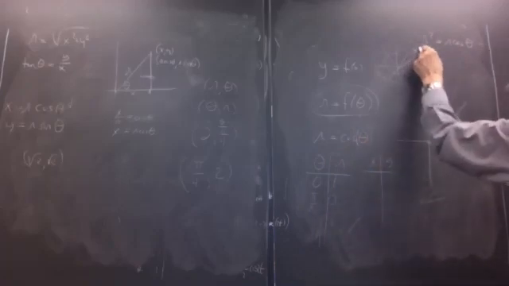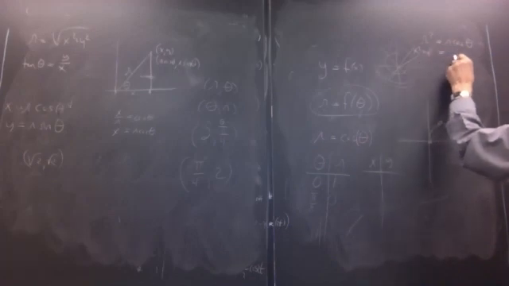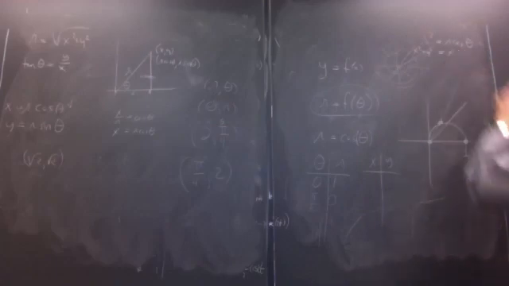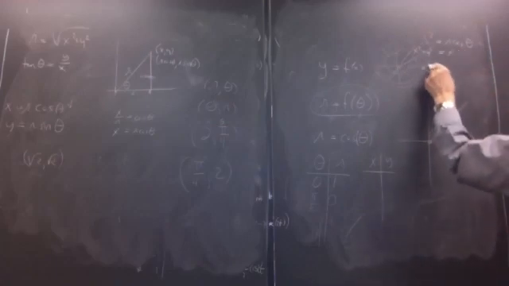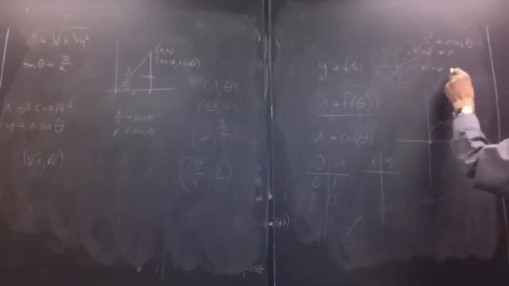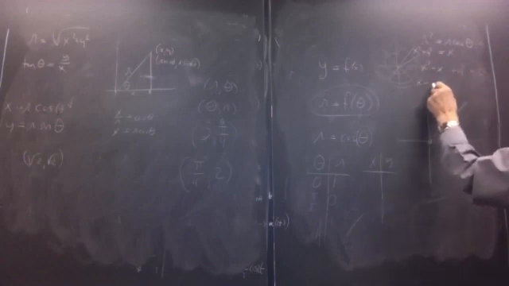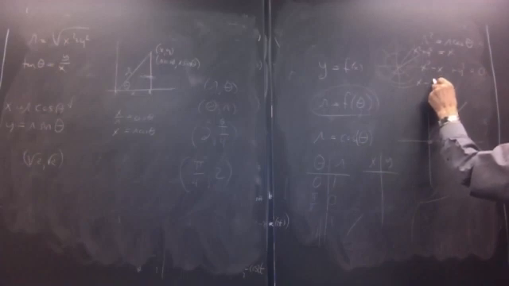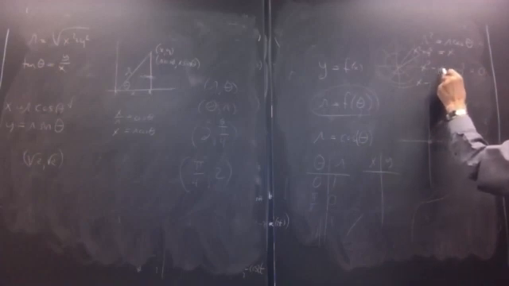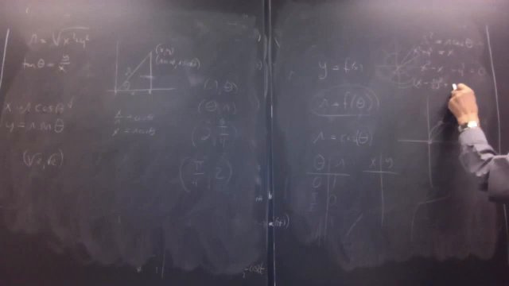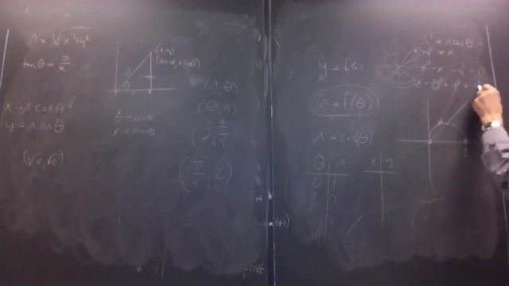Then this is x squared plus y squared, and this is x. Then x squared minus x plus y squared equals 0, and if I complete the square here, I'll get x minus 1/2 squared plus y squared equals 1/4 or something.